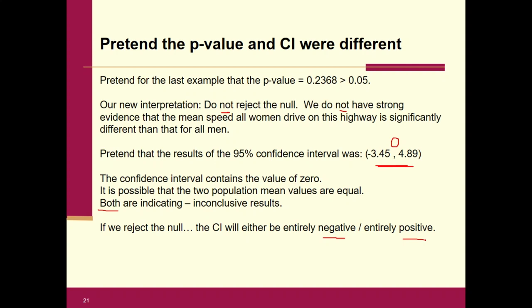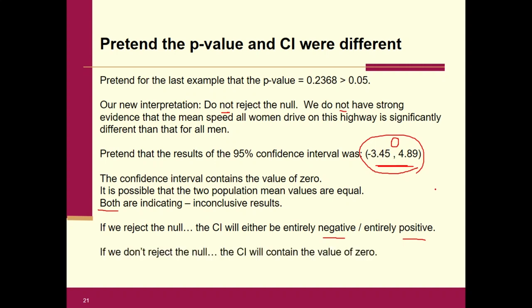When you do not reject the null, the confidence interval is going to be something like this, where it includes the value of 0. This is just saying that we're always going to have consistent results between the two. Okay. There we go. And with regards to not rejecting the null.